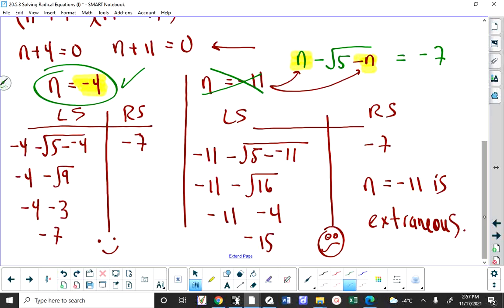Yep. Is there a way to algebraically check that just because you got one that looks like it's extraneous, it's not just because you did your algebra wrong? Are you asking, is there a way to determine if it's extraneous or not without substituting the number in?